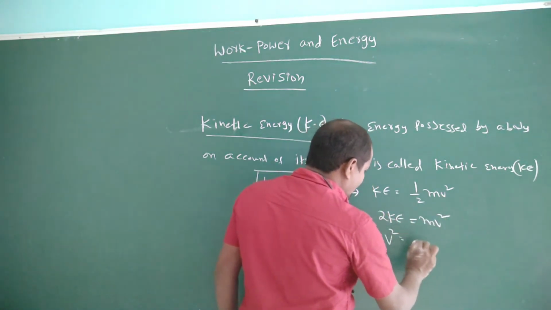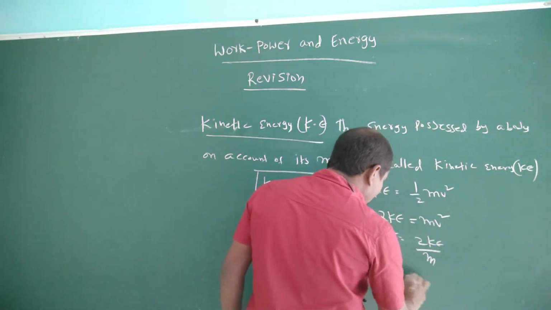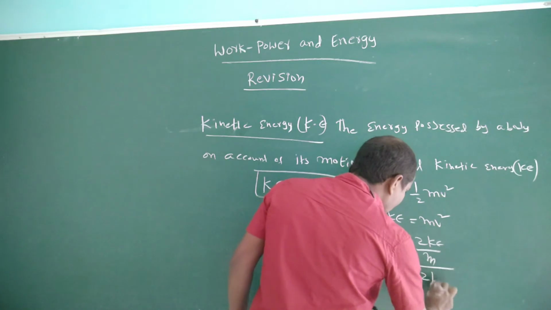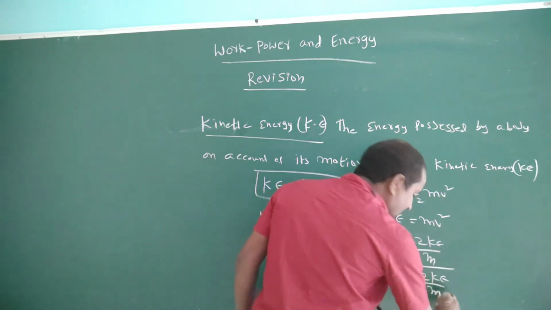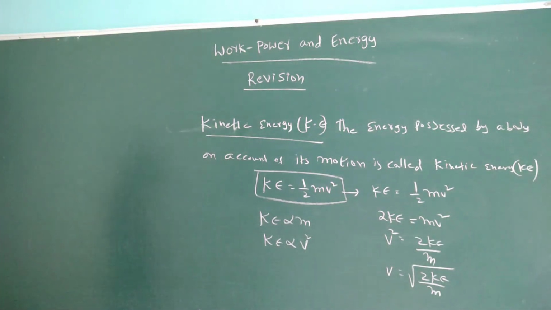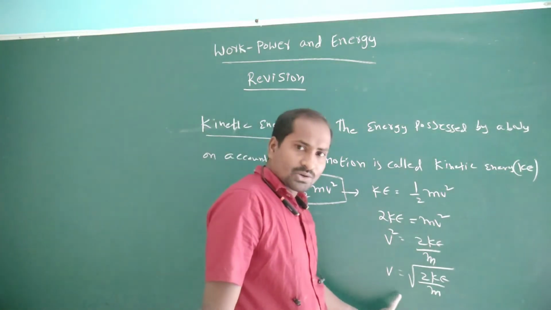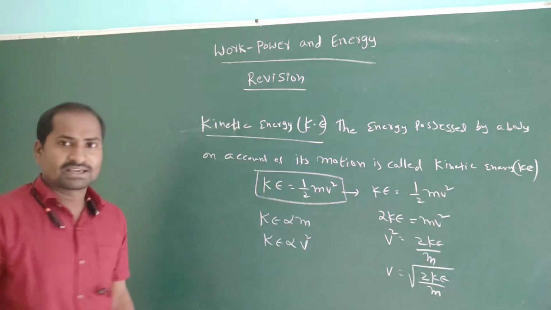Therefore v square equals 2K by m, and v equals root of 2K by m. It is the formula to find the velocity.